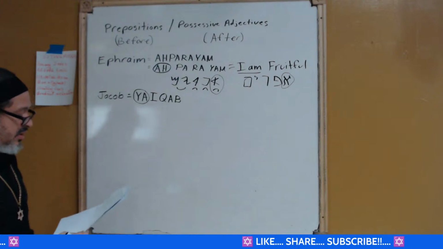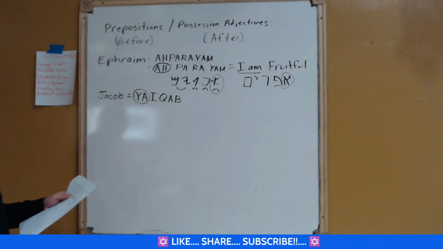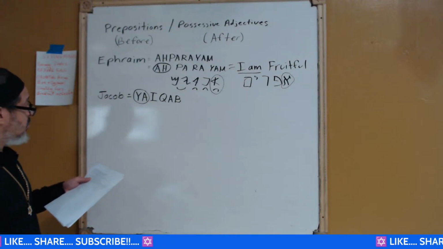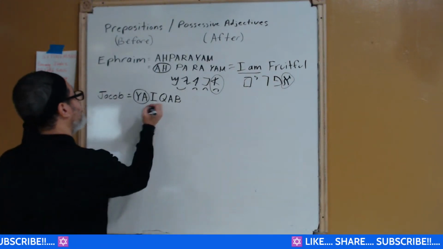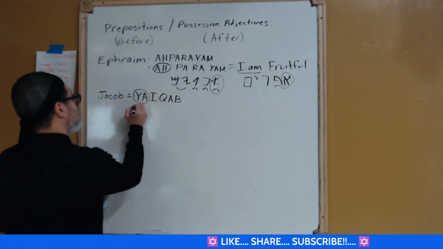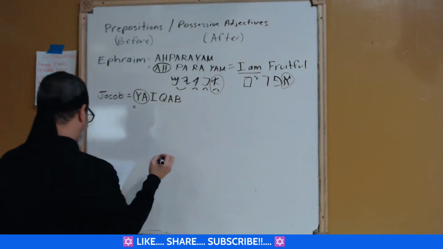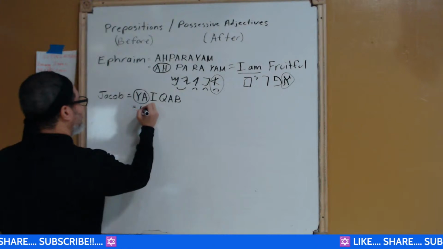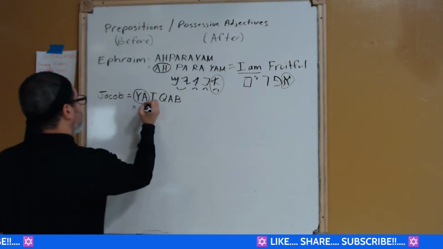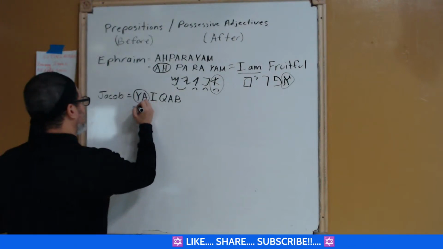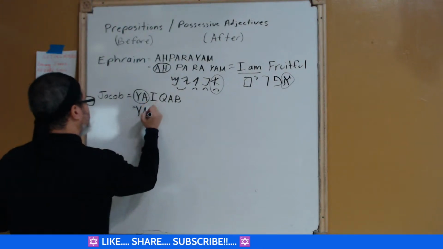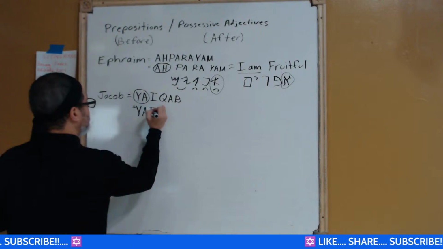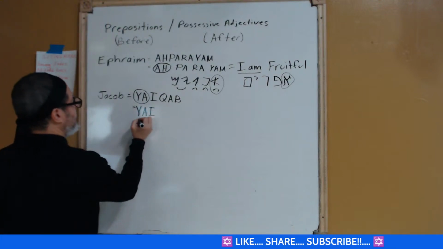Okay, so now that you have the Yah, we're going to say this is equal to, and how it's pronounced is Yah, I, and I'm doing this purposely so you can see it.